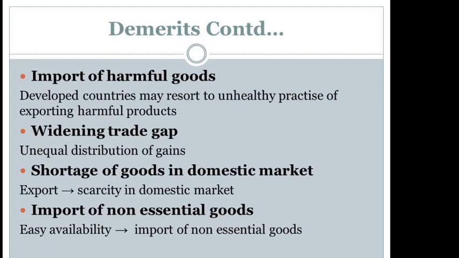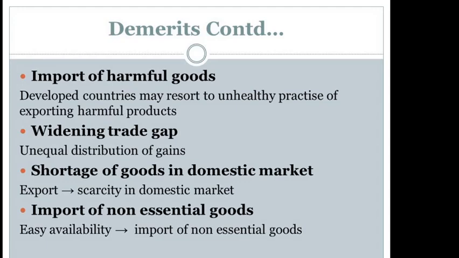So if you are concentrating more on exporting essential commodities which are required in the domestic market, in the domestic market we are having ample demand for a particular product, but that economy is excessively exporting that commodity to other economies to earn foreign exchange. So the domestic market will feel scarcity. Scarcity of that good will be felt in the domestic market. It may lead to inflation.